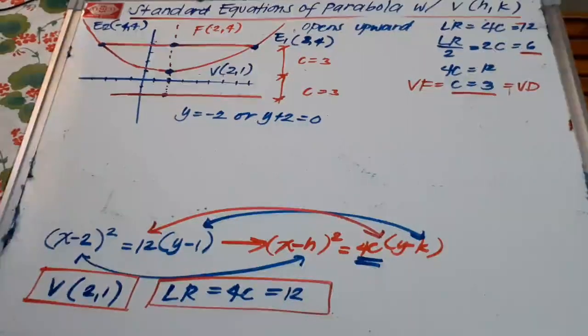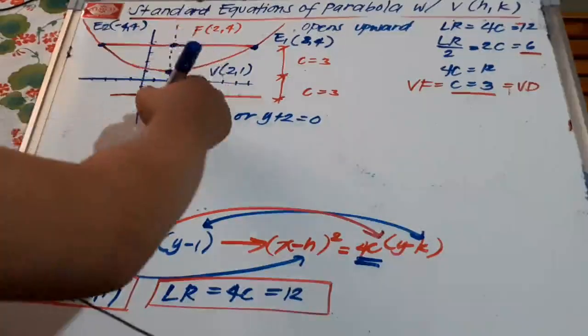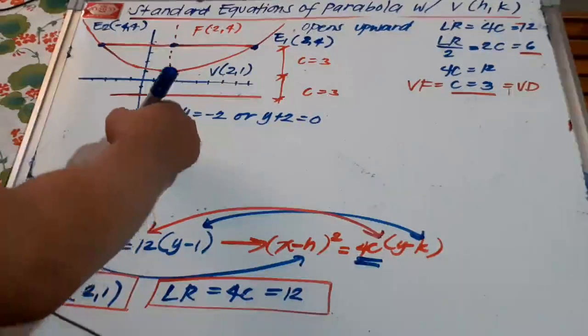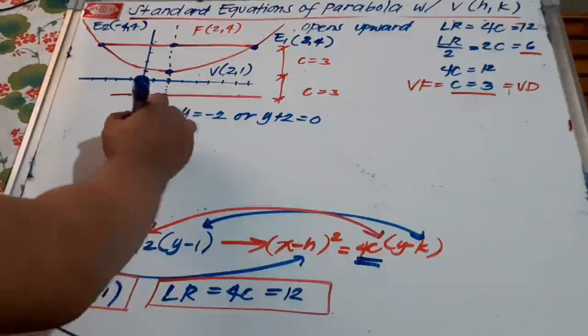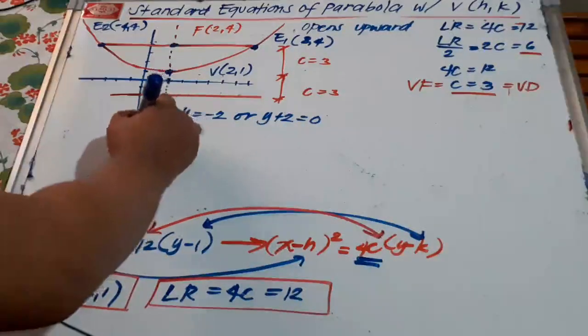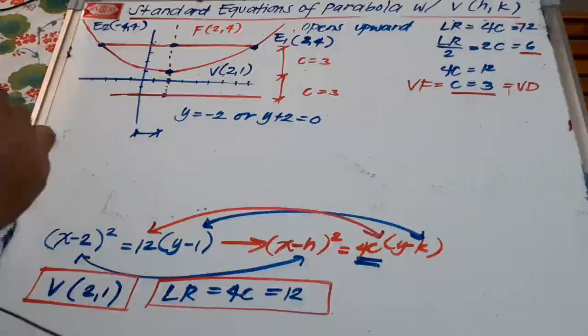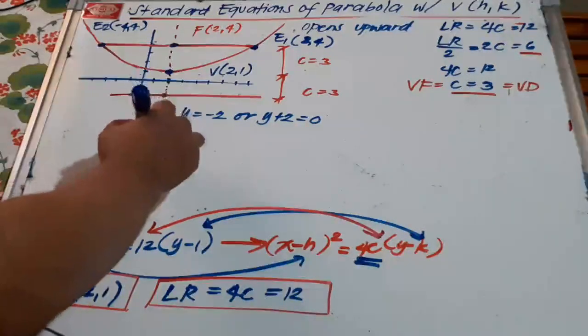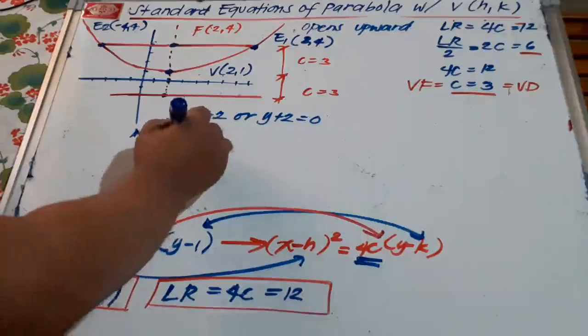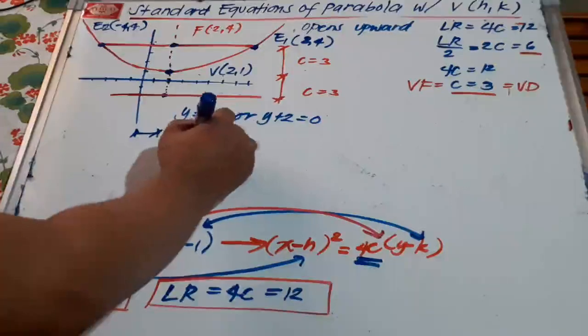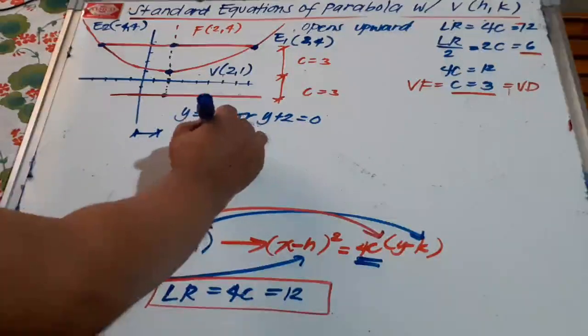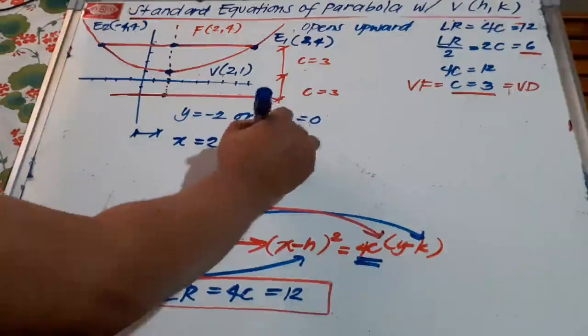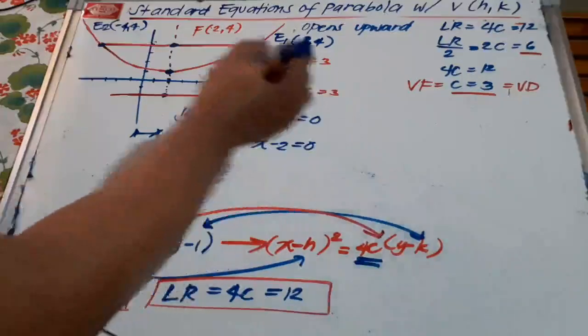A horizontal line parallel to x-axis, sorry. And then the axis of symmetry is a vertical line parallel to y-axis. Therefore, meron lang siyang isang horizontal distance, and that is equal to 2. Therefore, our axis of symmetry is x equals 2, or x minus 2 equals 0.